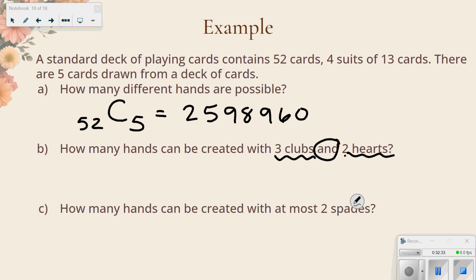So thinking about your 3 clubs, in my deck, how many clubs are there for me to choose from? 13. So that's my N value. We already talked about this being combinations, since the order I'm given them doesn't matter. And then out of those 13, how many could be clubs? 3.